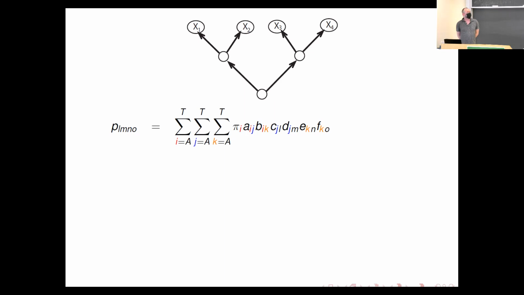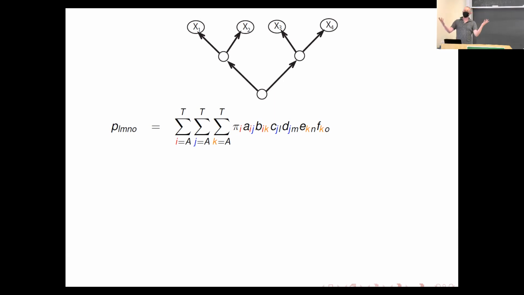The idea behind how we're going to find some of these phylogenetic invariants goes back to some computational biology thought process about how you actually compute the value P, L, M, N, O. You don't want to actually expand this polynomial into 64 terms and then sum up all those terms.